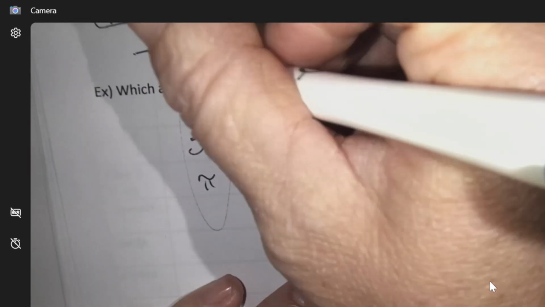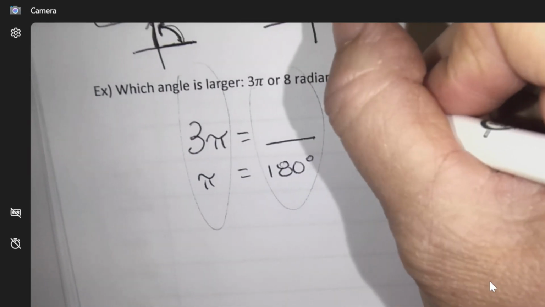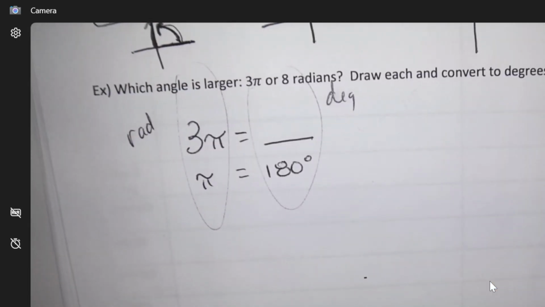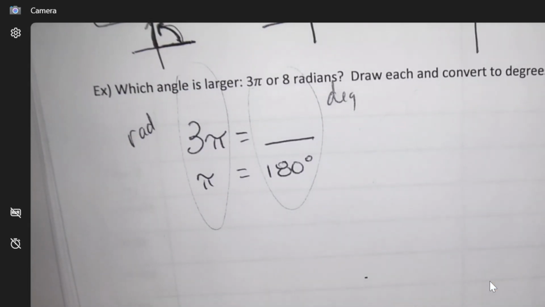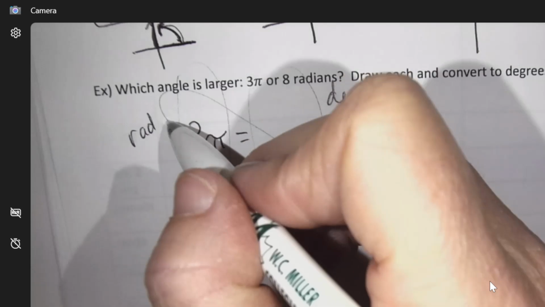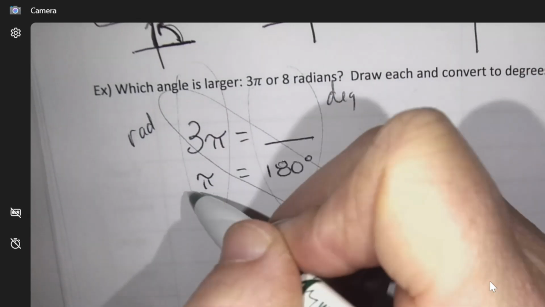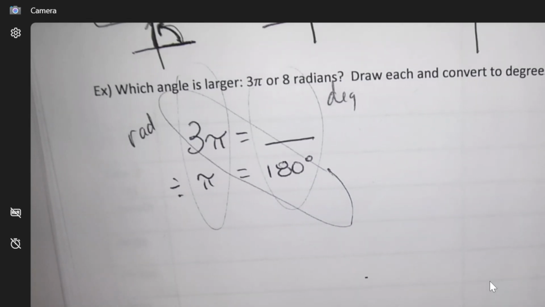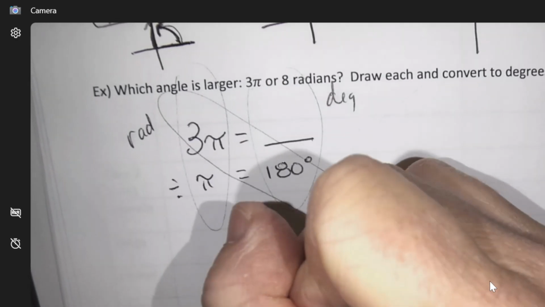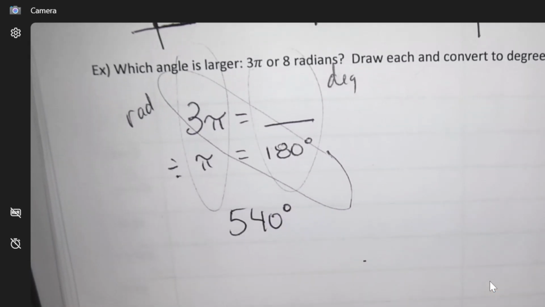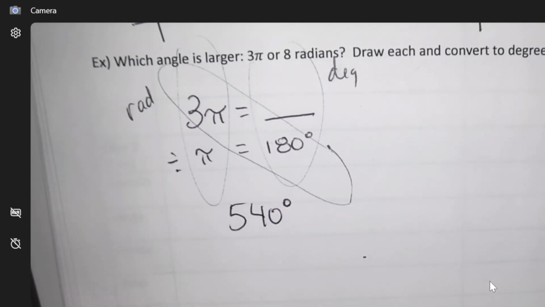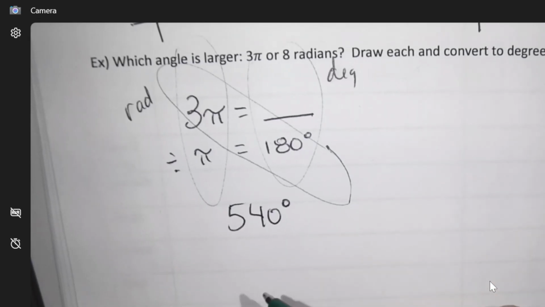Because this is my radian and this is my degrees, so you have to keep them on the same side. So this time, what am I doing? Timesing that, divide the lonely. It's just vice versa of what we just did. So 3 pi times 180 divided by pi. It's 540 degrees.